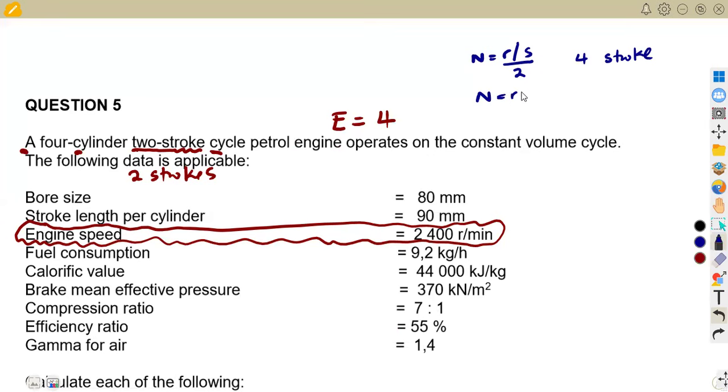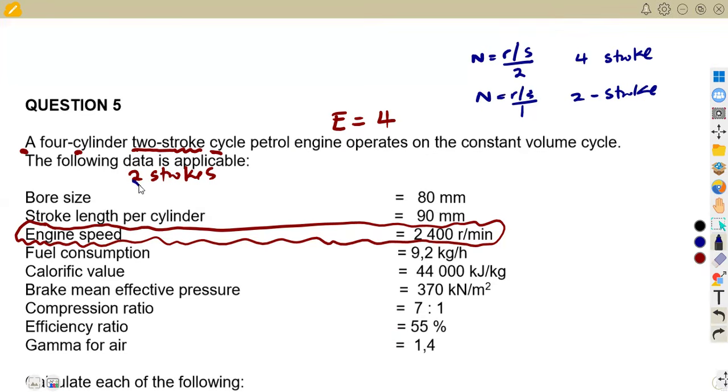Our N is going to be the revs per second over 1 when we are given a 2-stroke. That is for the number of strokes. Then for a double acting, you multiply by 2. But for a 4-stroke, revs per second divided by 2; 2-stroke, revs per second over 1.